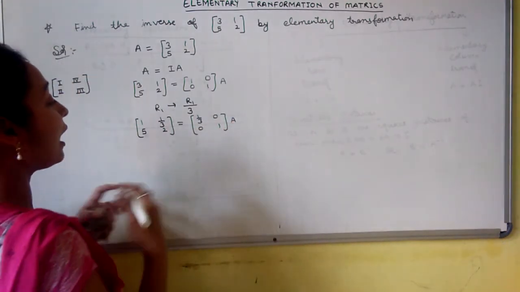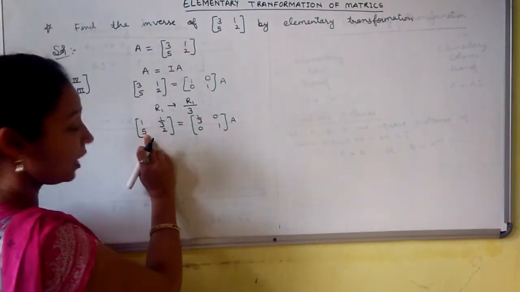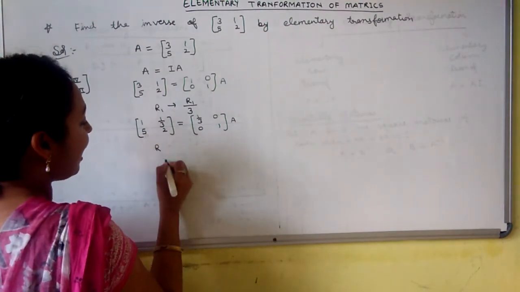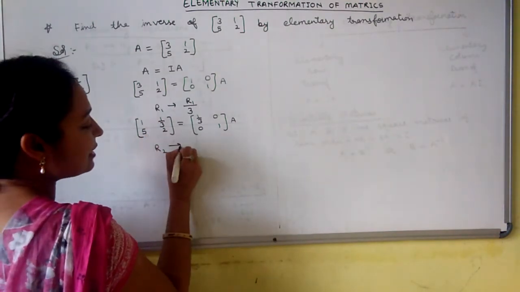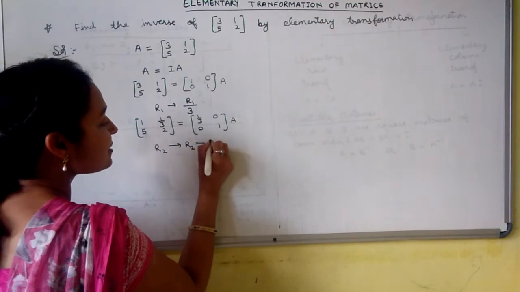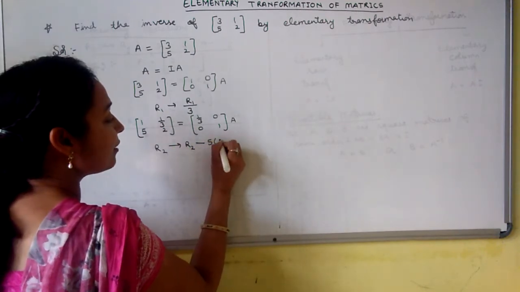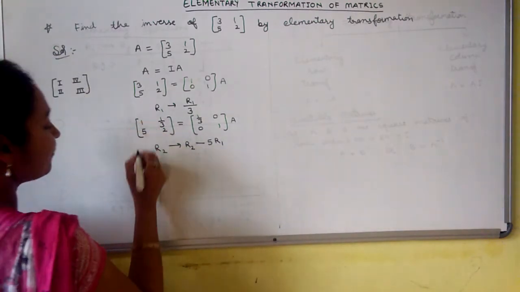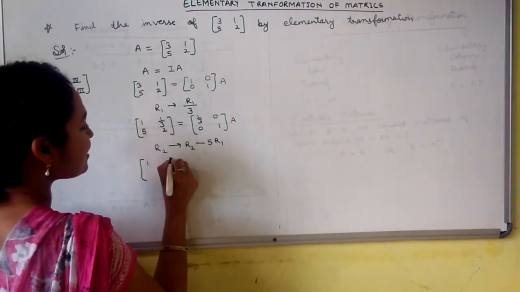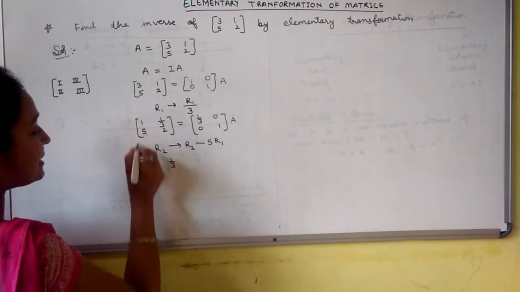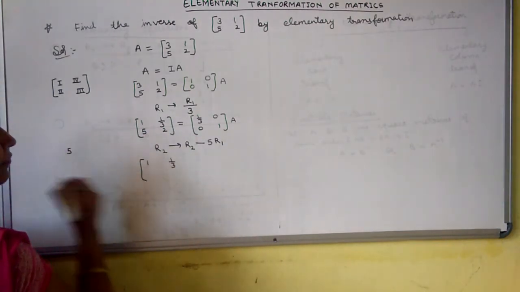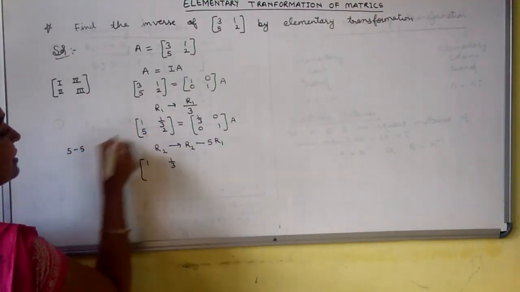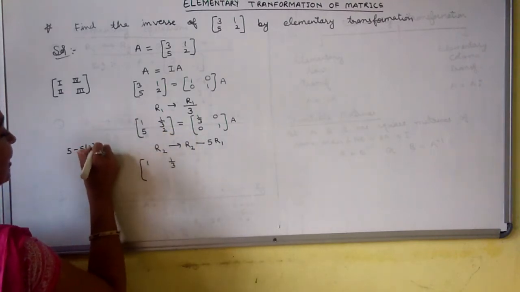Now, I want 0 here. How can we find 0? I want a change in R2. So, R2 minus 5 R1. The first row will remain the same. In the second row, the first element is 5 minus 5 times the first element of this row, which is 1.